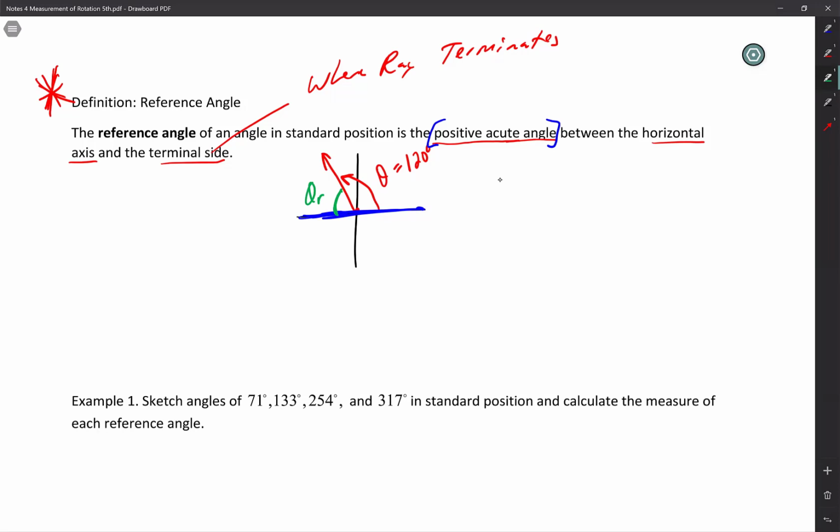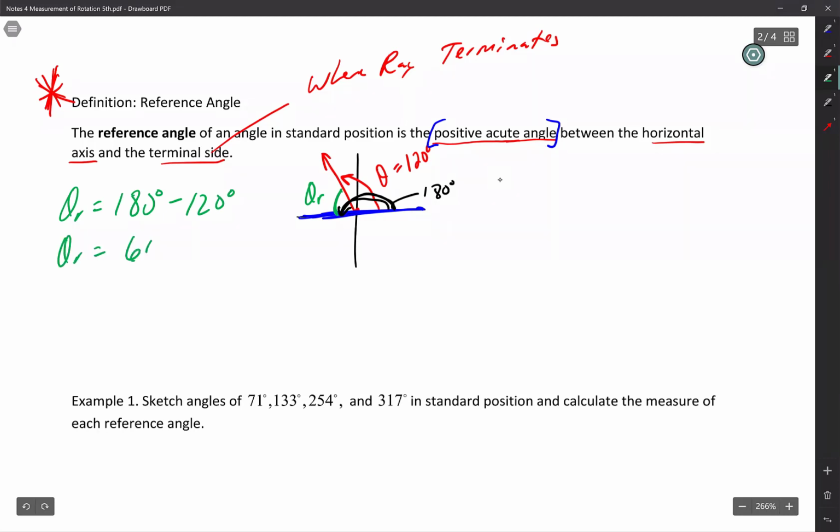Now, because I know the distance from here, this in black, I know that this distance is 180 degrees. I know that for a fact. So because I know that for a fact, my reference has to be 180 degrees minus 120 degrees. So my reference is 60 degrees.